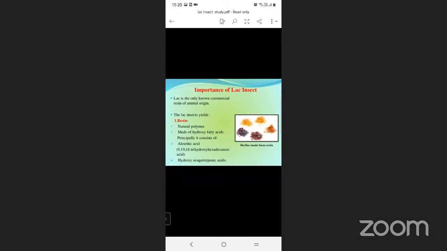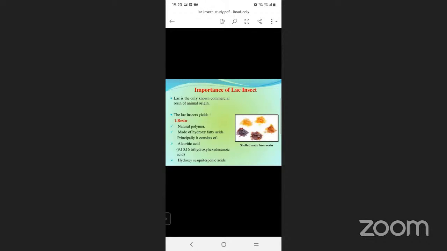When it comes to importance, we can call lac the commonly known commercial resin of animal origin. The lac insect yields a natural polymer made of hydroxy fatty acids.